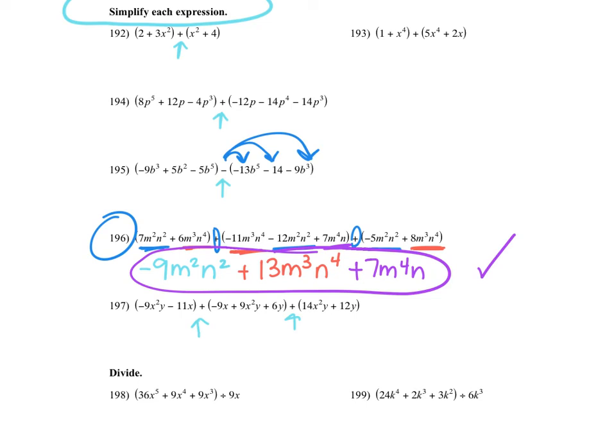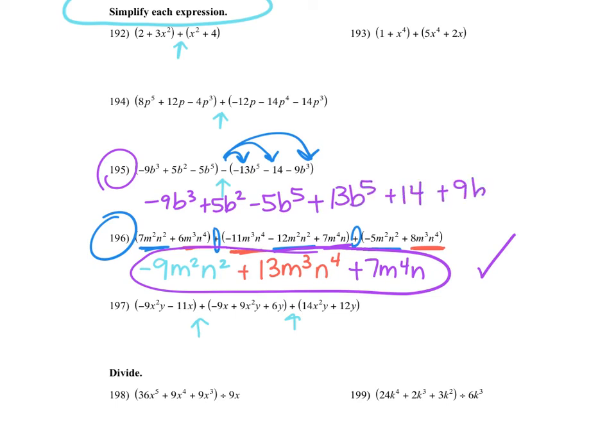If you end up doing number 195, you get -9b cubed plus 5b squared minus 5b to the 5th plus 13b to the 5th plus 14 plus 9b cubed. So 9b cubed and 9b cubed cancel. 5b squared is alone.